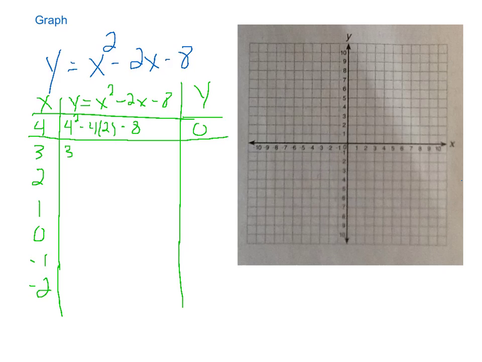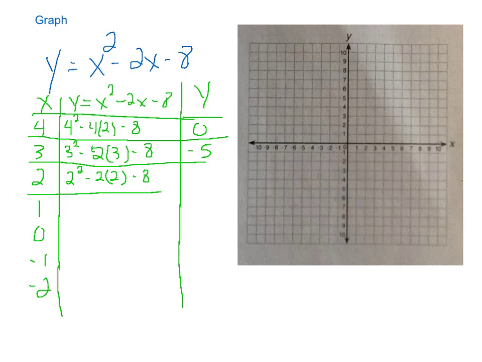If we put a 3 in there, 3 squared minus 2 times 3 minus 8, which gives us 9 minus 6 minus 8, which turns out to be negative 5. If we put a 2 in there, we get 2 squared minus 2 times 2 minus 8, which is 4 minus 4 minus 8, which is negative 8.